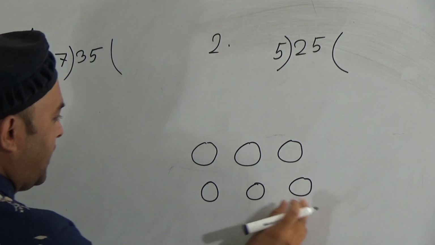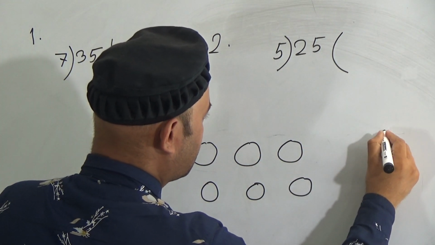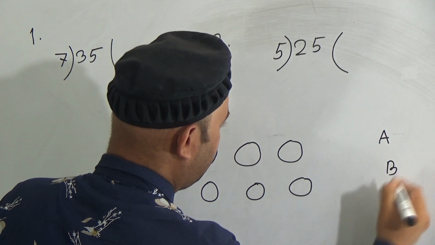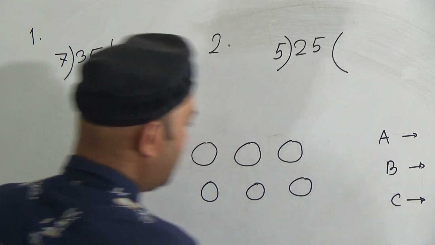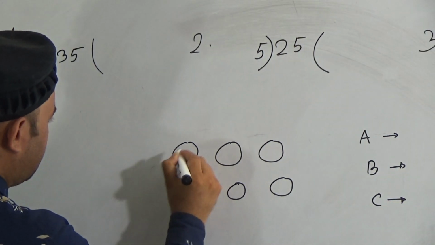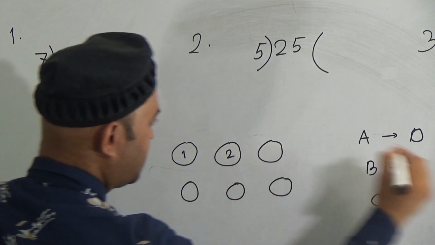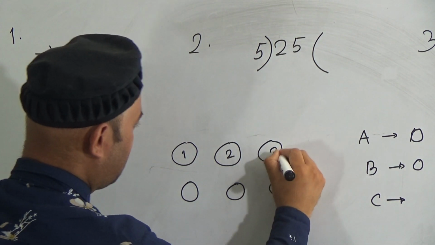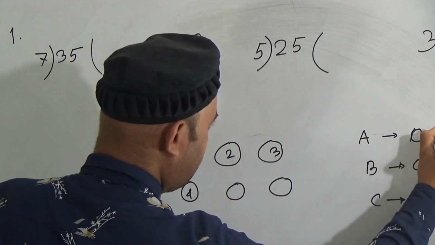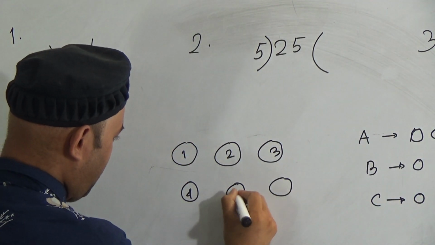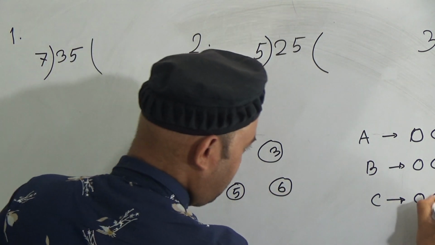You have to divide these cookies among 3 persons A, B and C. If you give the first cookie to the first person, then the second cookie to the second person, the third cookie to the third person, then the fourth cookie again to the first person, the fifth cookie to the second person, the sixth cookie to the third person.